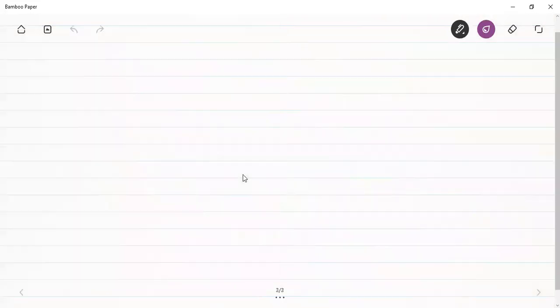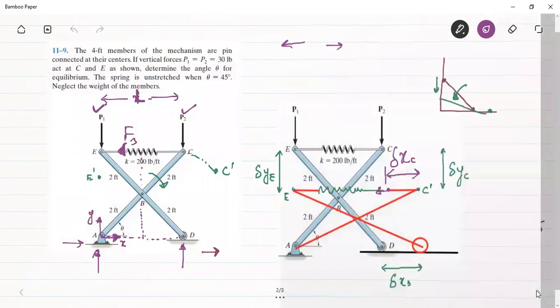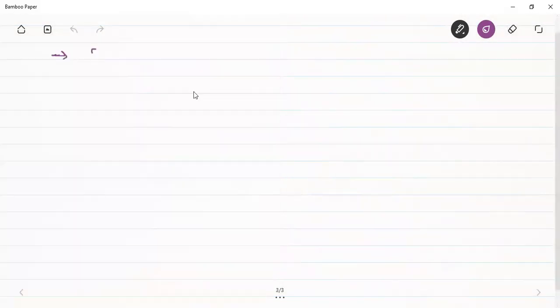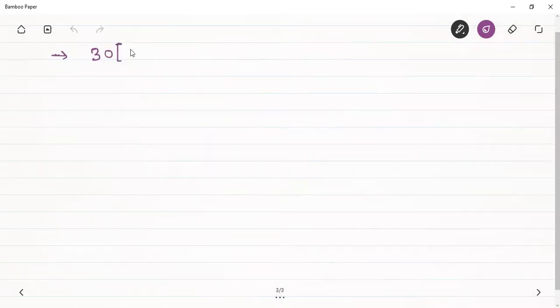Now substituting all these values in the virtual work equation, P1 was 2 kilonewton, this was 30 pound, and the displacement, that is delta YE, was equal to 4 cos theta delta theta. Plus 30 multiplied by 4 sin theta delta theta.